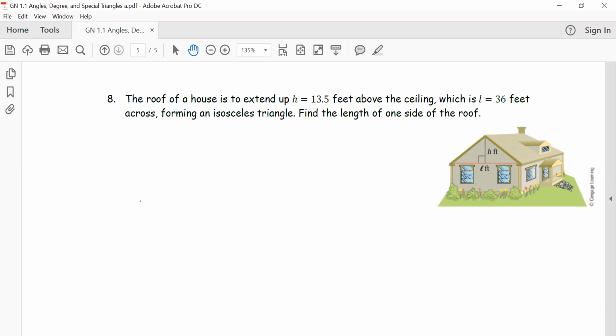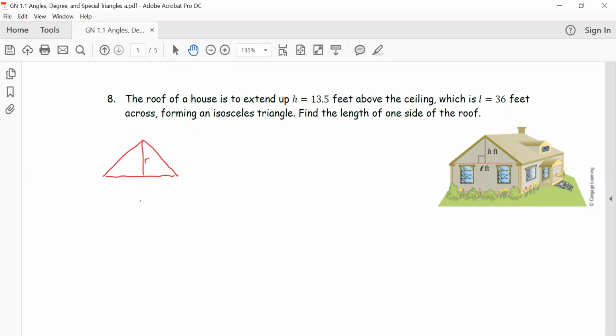Another example: the roof of a house is to extend up h equals 13.5 feet above the ceiling, which is the length L equals 36 feet across, forming an isosceles triangle. Find the length of one side of the roof. Let's redraw the part of the roof there.